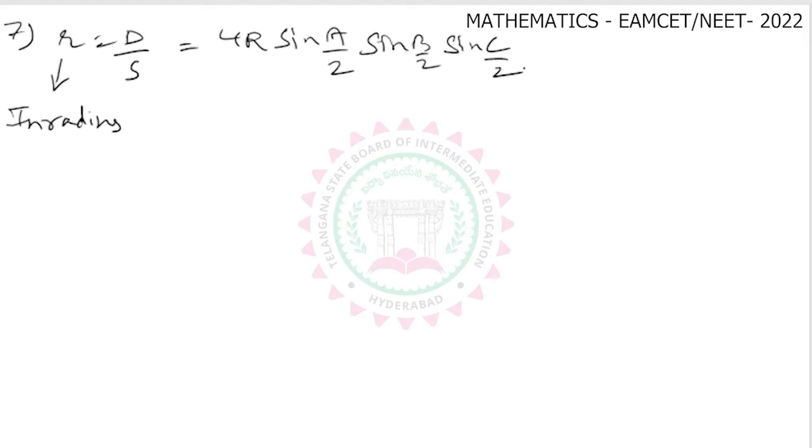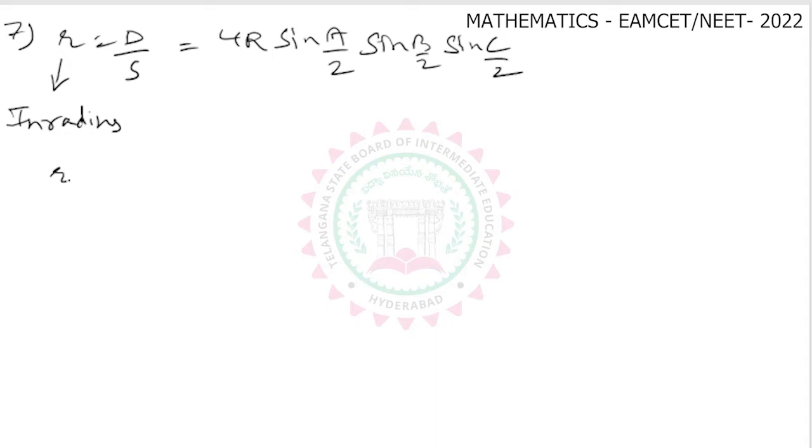This small r is called the inradius. And one more, the value of r in terms of angle is 4R sin A by 2 sin B by 2 sin C by 2, right? So r equals 4R sin A by 2 sin B by 2 sin C by 2 in terms of angles, whereas r equals delta by s is in terms of delta and s.